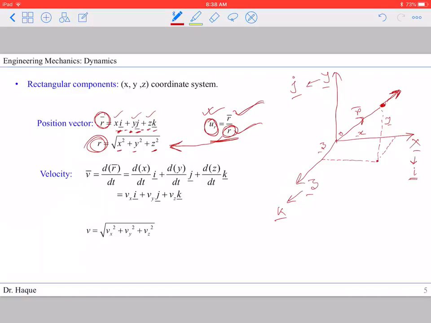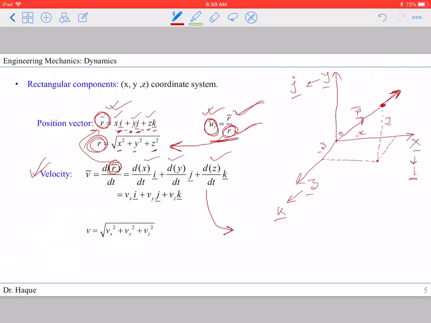So once we have the position vector, now we can find the velocity, which would be taking the derivative of position vector r. And r has three components here. If we simplify and expand that form, we can get these three terms. Let me explain a little more.